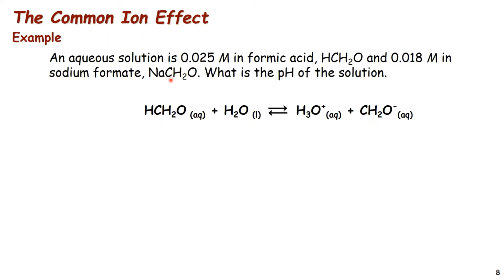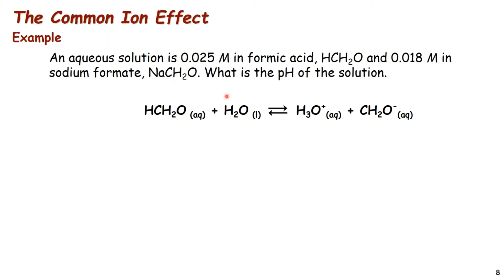Now, again, remember, I said there's this reaction. This is the sodium formate, but it's just going to simply dissociate into the sodium ion, which is irrelevant to this equilibrium reaction, and the formate ion, CHO2 minus. Well, that's actually in our equilibrium reaction. So both of these species, the formic acid and the formate ion, are both relevant to this equilibrium.